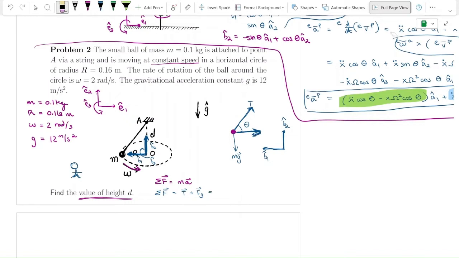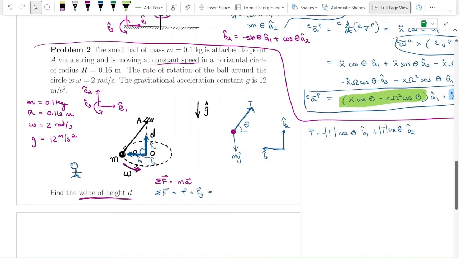So the tension is equal to the magnitude of the tension force times cosine theta in the negative b1 hat direction. And then we go up in the b2 hat direction. So we have plus T sine theta b2 hat.